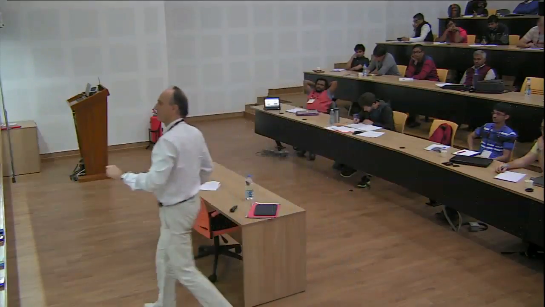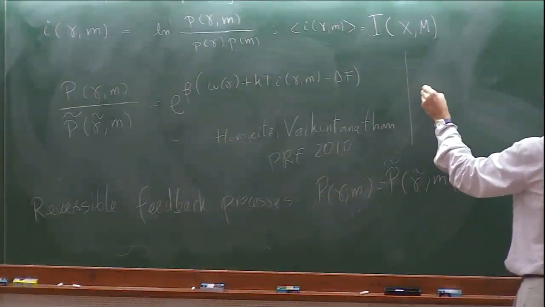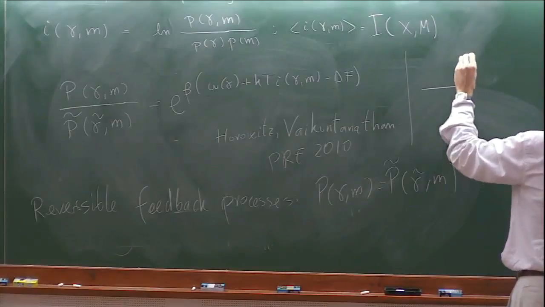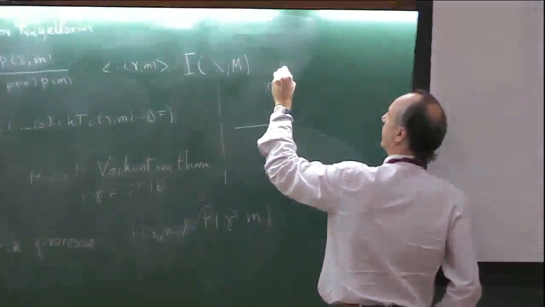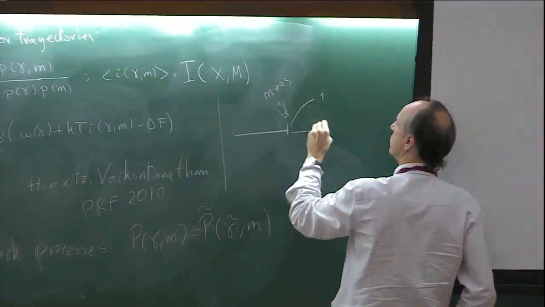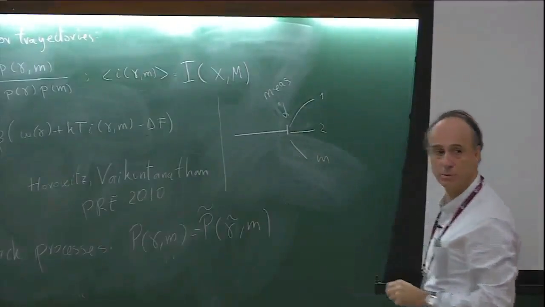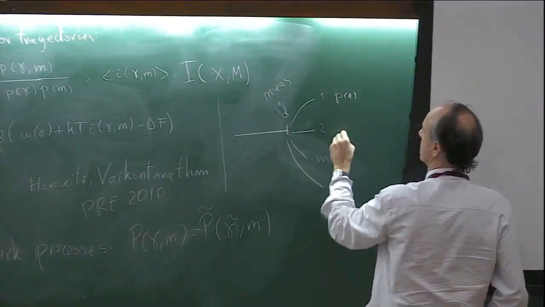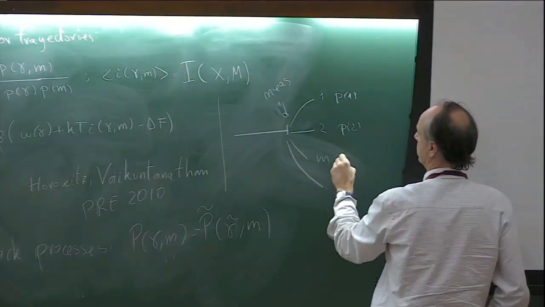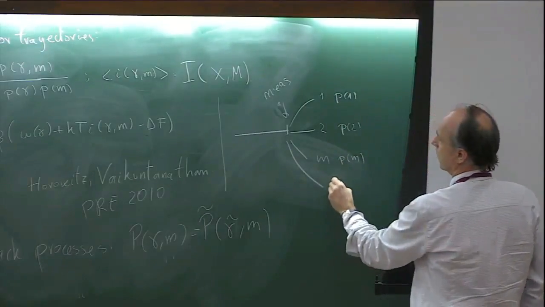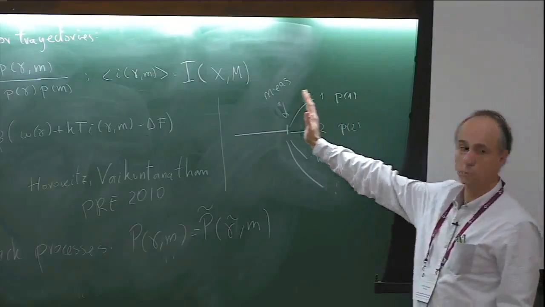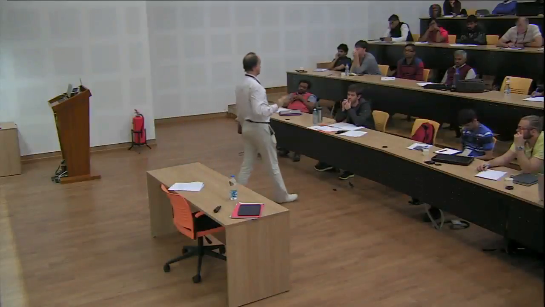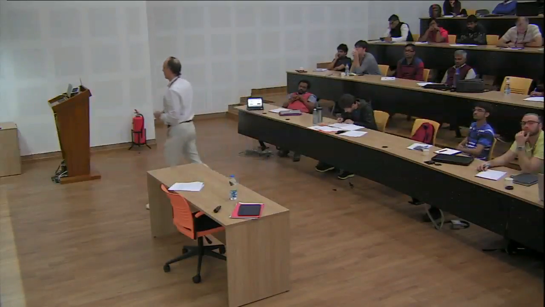You have here your measurement at some time, and this gives you 1, 2, 3, M possible outcomes with some probabilities. Then when you do the backward process, you have to choose M from the very beginning with this. Okay?